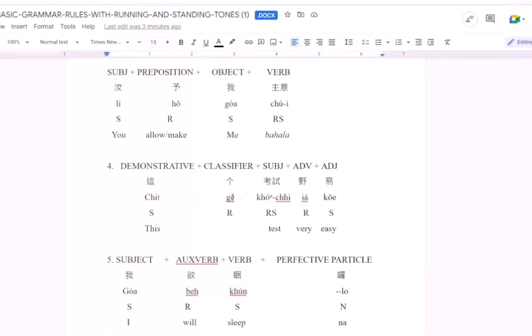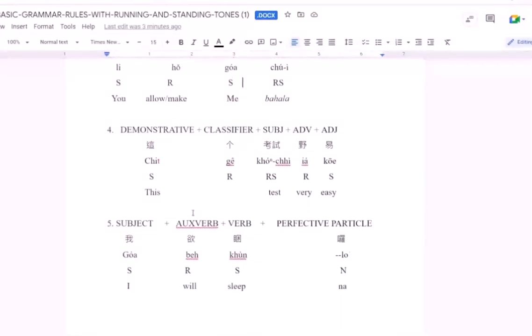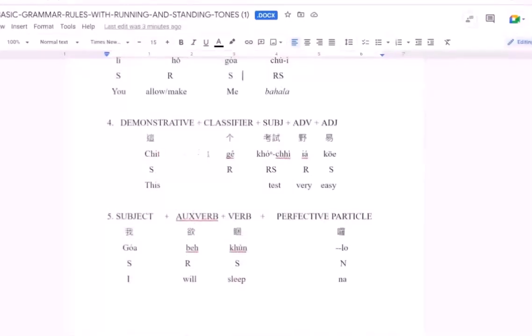It has to include the classifier. You cannot say it without it. So that involves a classifier. This is general classifier for anything. So this general classifier will be running.